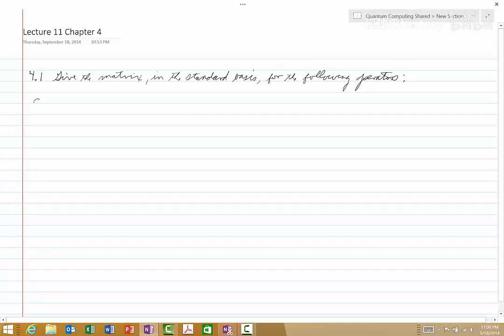And so in A, the operator for which we want to find the matrix is the following operator.